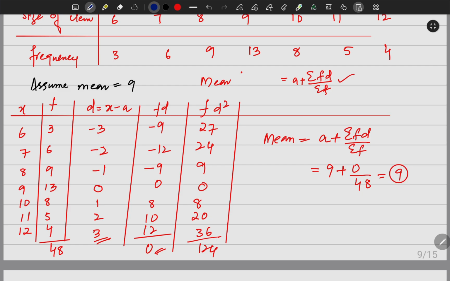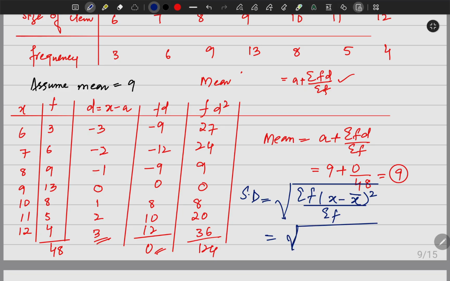So now you have to find the standard deviation. The standard deviation is the square root of summation of f times x minus x bar whole square divided by summation of f. That is summation of f d square divided by summation of f, minus summation of f d by summation of f, whole square.